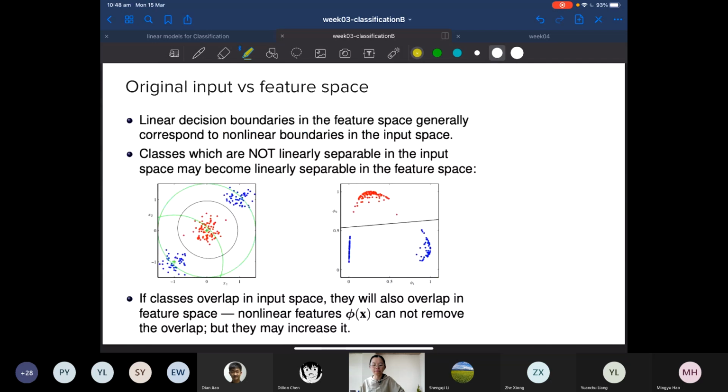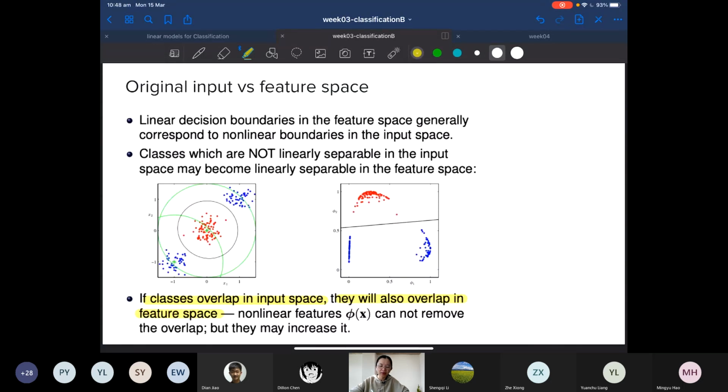So here's the catch. The top part of this slide basically just said what we just said. Classes are not linearly separable, and the input can be linearly separated in a feature space. However, if classes overlap in the input space, then they will also overlap in the feature space.